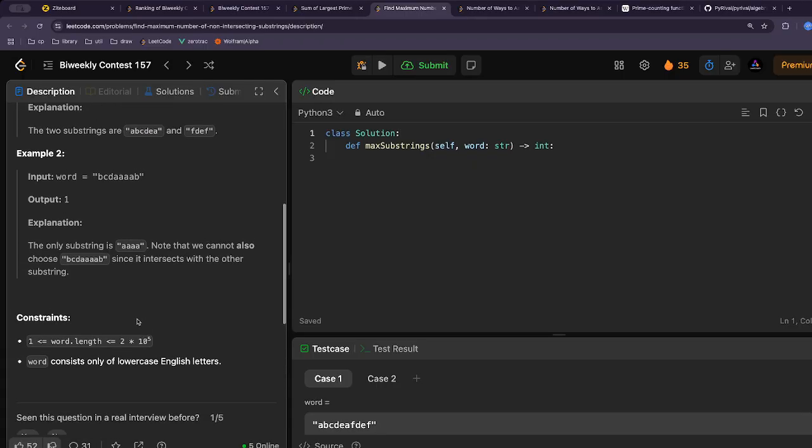Okay, and the length is 200,000, right? The usual number that is code for don't do quadratic. Don't even think about doing quadratic.